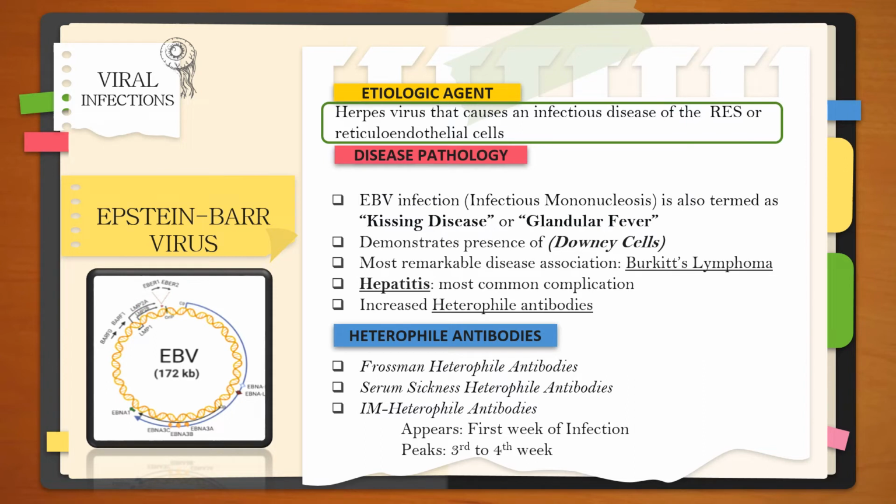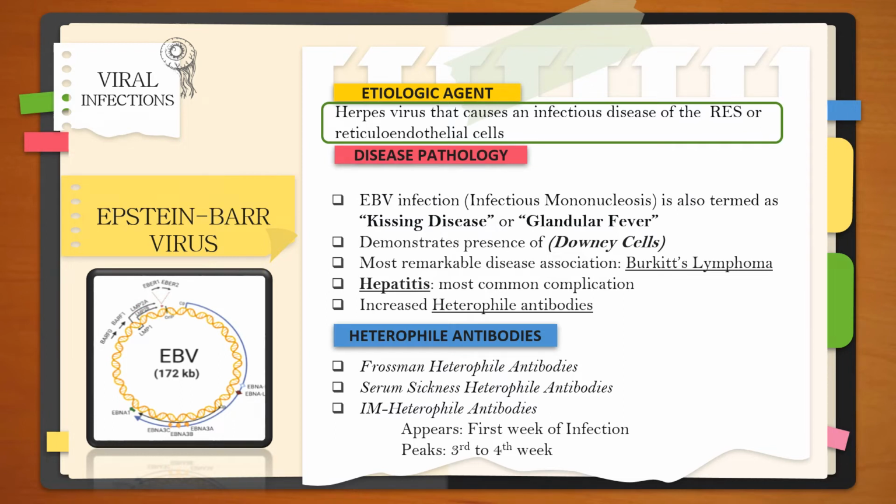Other names of this disease include kissing disease, the most remarkable one, because it is transmitted through saliva. It is also called glandular fever, and it demonstrates the presence of atypical reactive lymphocytes, also known as Downey cells.